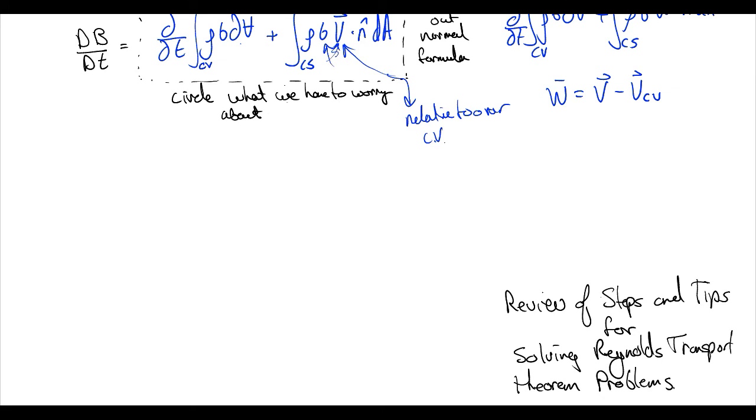This is going to become important later, but we have to change how we define B. So if B is equal to velocity, like it is when we're worried about momentum, and this is obviously a preview for the next section where we talk about conservation of momentum, then instead of using V, we're going to use W, where W is equal to V minus the velocity of the control volume.